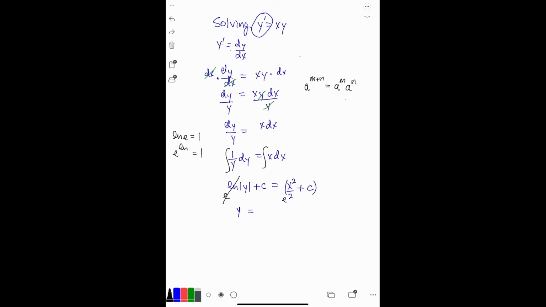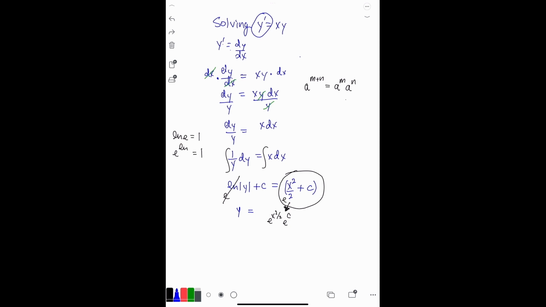So we can actually write this term like this: e to the x squared over 2, e to the c. So now we have y is equal to e to the x squared over 2 times e to the c.